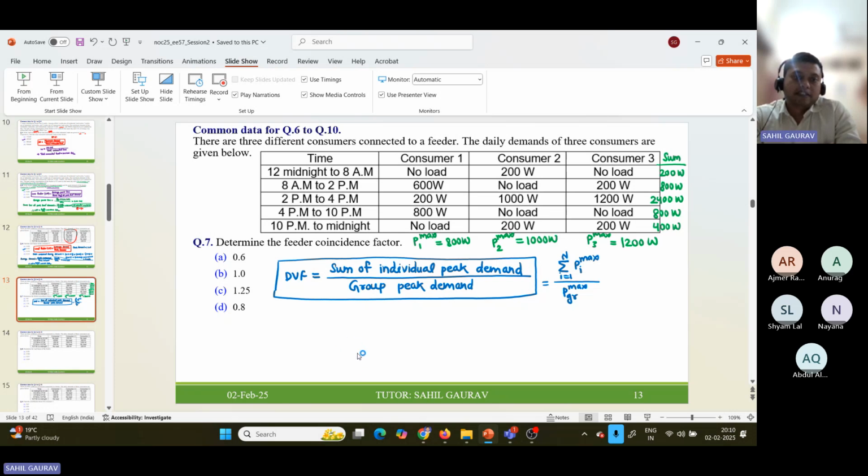So this is for load modeling. You can get the idea from the names only. Diversity factor means how your load is diversified, and coincidence factor means how the individual peak demands coincide with the aggregate peak demand.